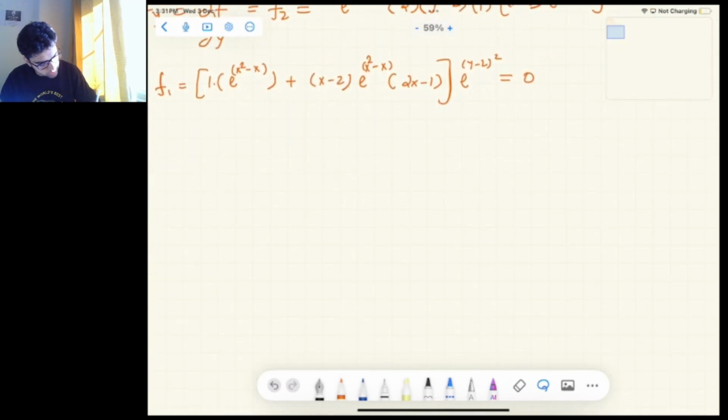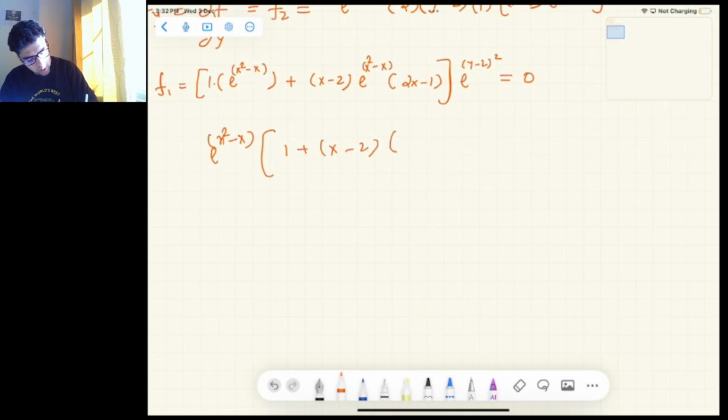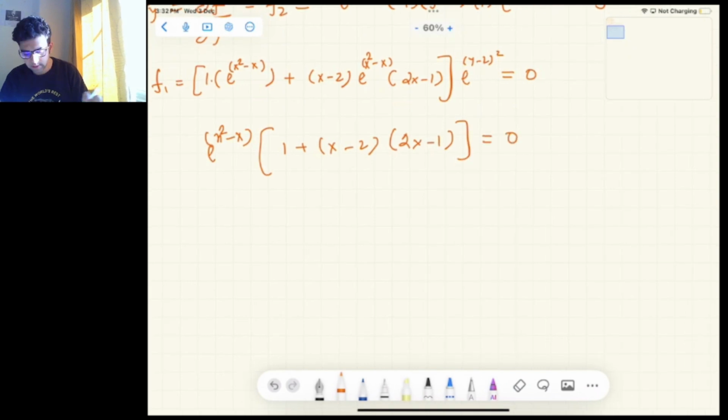Now we'll find the stationary points. So the stationary point from this whole expression can be found by taking e^(x square minus x) as common, and I'll be left with 1 plus (x minus 2)(2x minus 1). I think I've solved a question similar to this using the extreme value theorem earlier in exercise 17.3, so please check that out. I feel this is the same question.